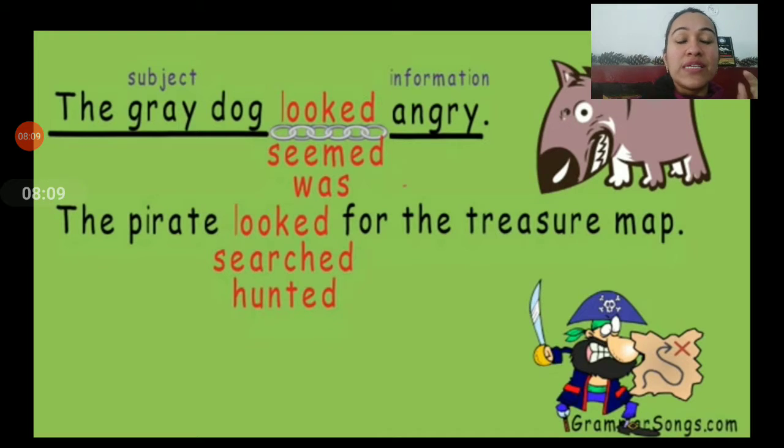So this is how you identify main action verbs from linking verbs. Also, you will be able to replace a linking verb with other linking verbs like seemed, was, and you will be able to replace an action verb with other action verbs like looked, searched, hunted.